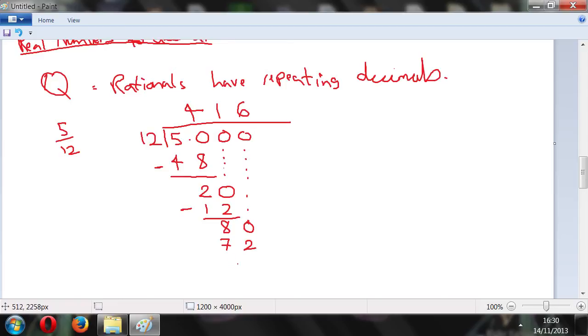And then you can see the answer is going to be the same again, isn't it? Because this is going to go to 8, and then the zeros are going to keep coming down. So this is going to be recurring 6 here. So that's basically how that would be done.